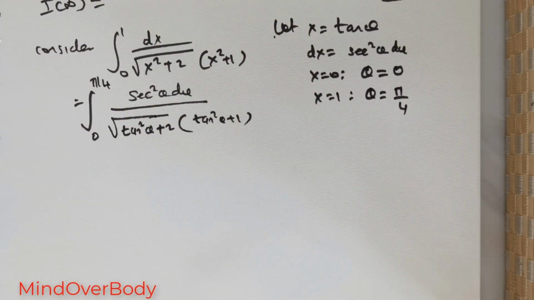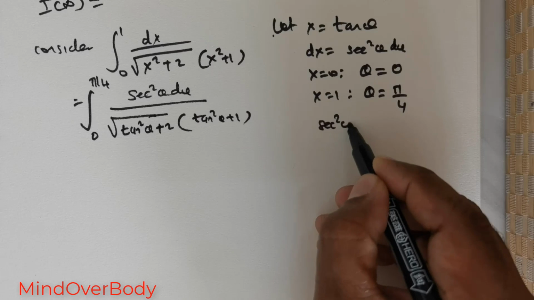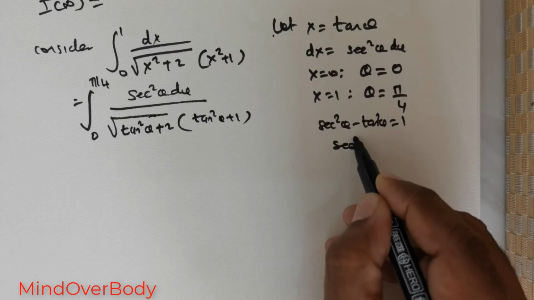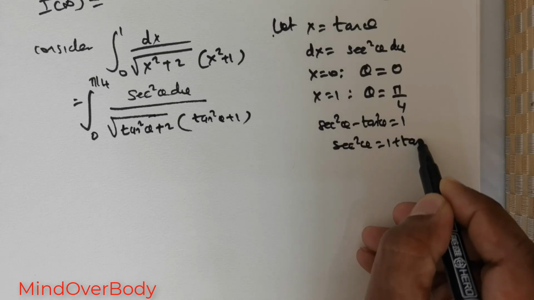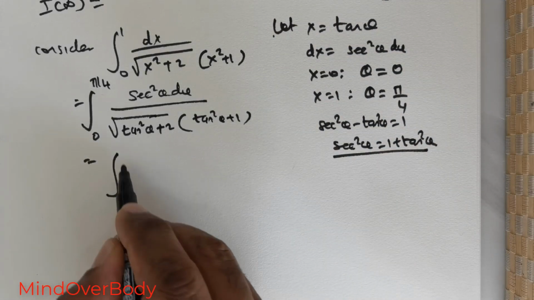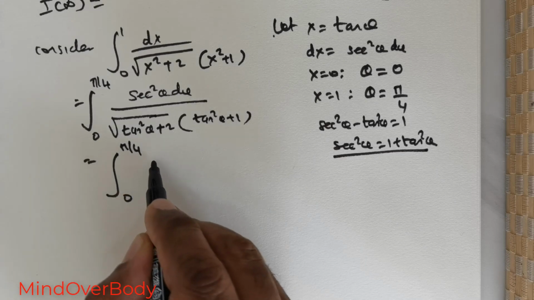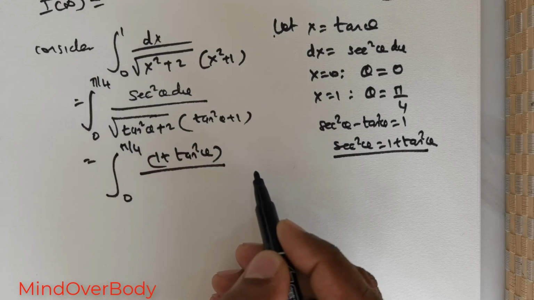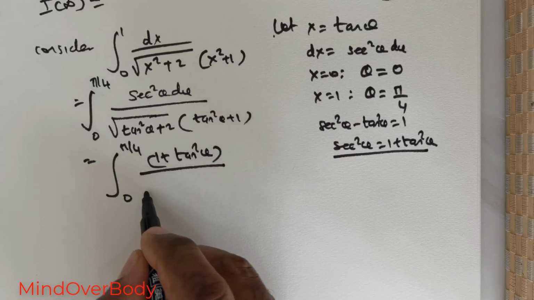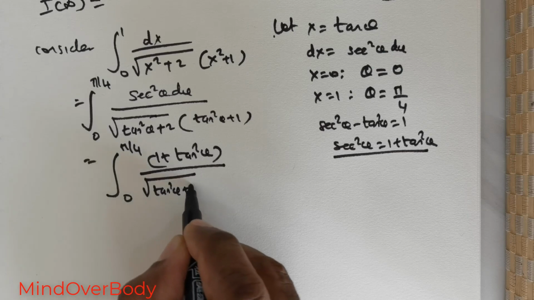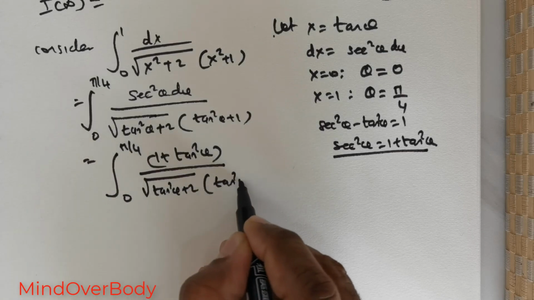Now we can utilize the trigonometric identity secant squared theta minus tan squared theta is equal to 1. So from here secant squared theta is equal to 1 plus tan squared theta. So this is rewritten as 0 to pi over 4, 1 plus tan squared theta divided by root of tan squared theta plus 2 times tan squared theta plus 1.